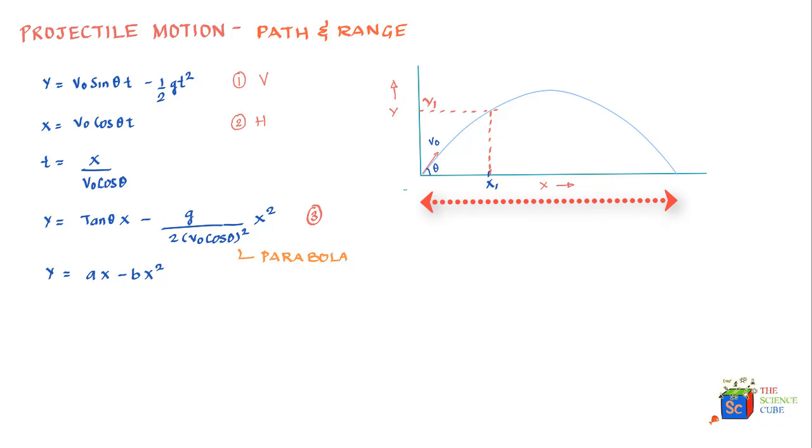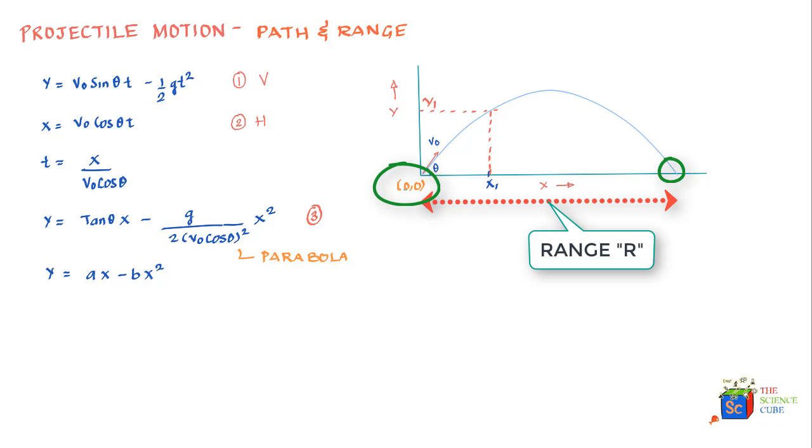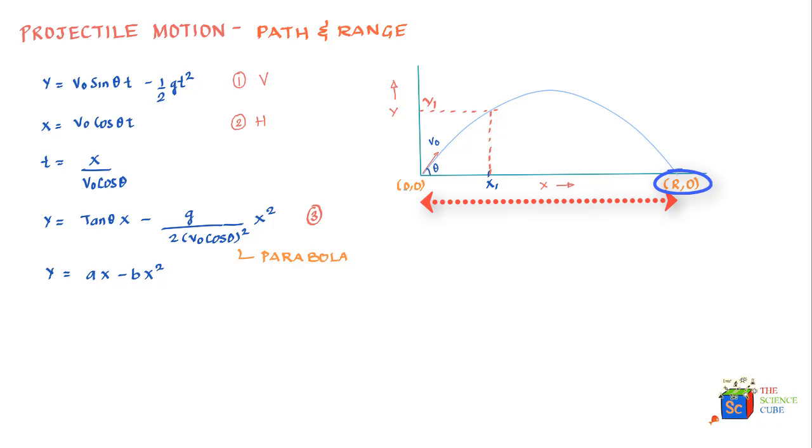For example, if these are coordinates 0 and 0, then when it reaches the same height, which happens over here, the horizontal displacement so achieved is called the range. So this coordinate would be the range R, and the elevation would again be 0 because it's back at the 0 level.